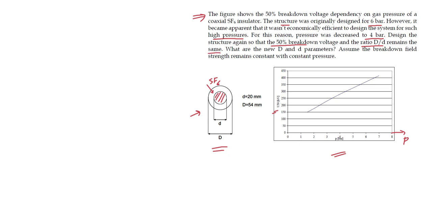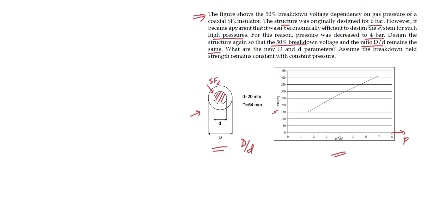Okay, what does it mean? It means the ratio of our outer diameter, capital D, and the inner diameter, small d, after we redesign, must remain the same. Not necessarily the absolute values of small d and capital D. Obviously, they will change because we are redesigning the geometry, but the ratio of capital D over d must remain the same, as well as the 50% breakdown voltage.